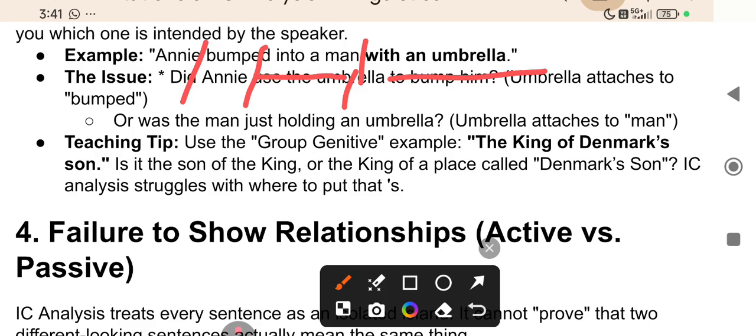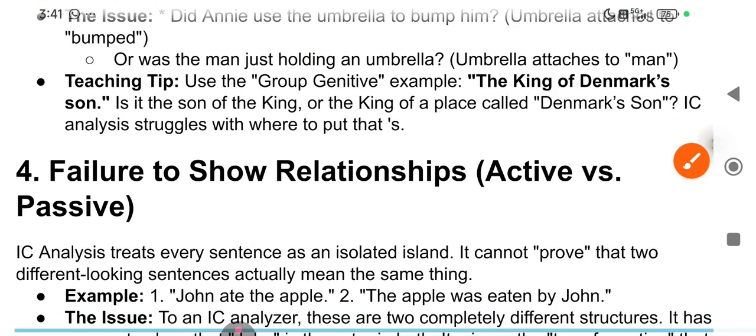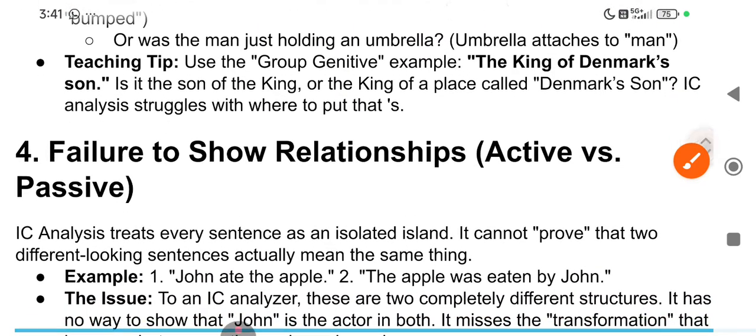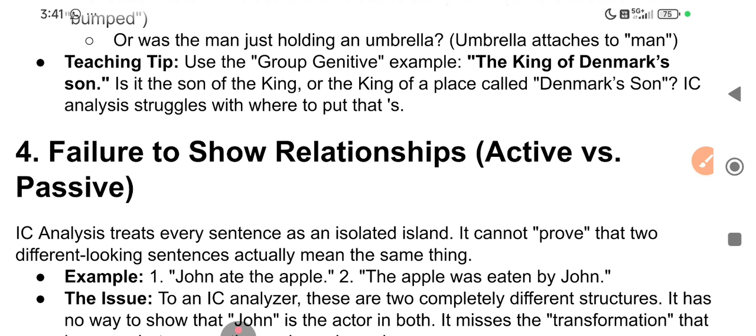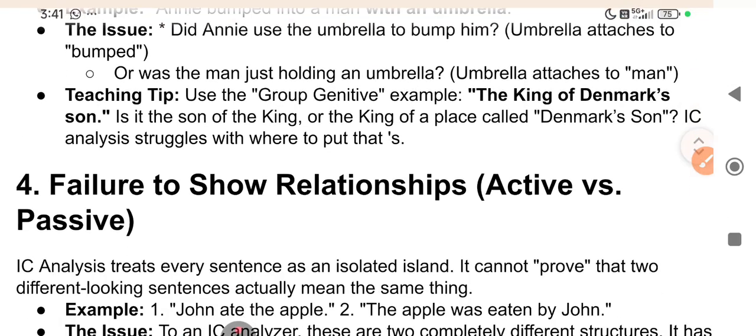So the umbrella attaches to bumped. Now, the second meaning: was the man just holding an umbrella? Because the umbrella attaches to man, not clear.